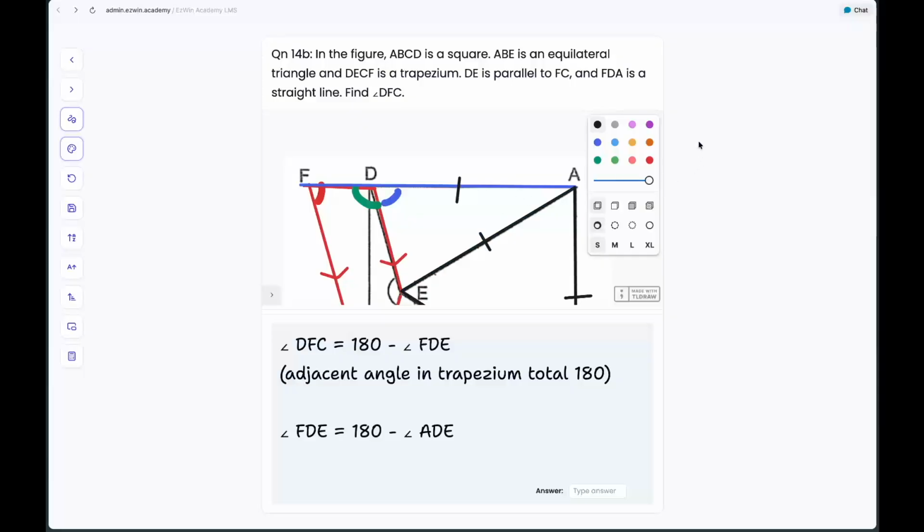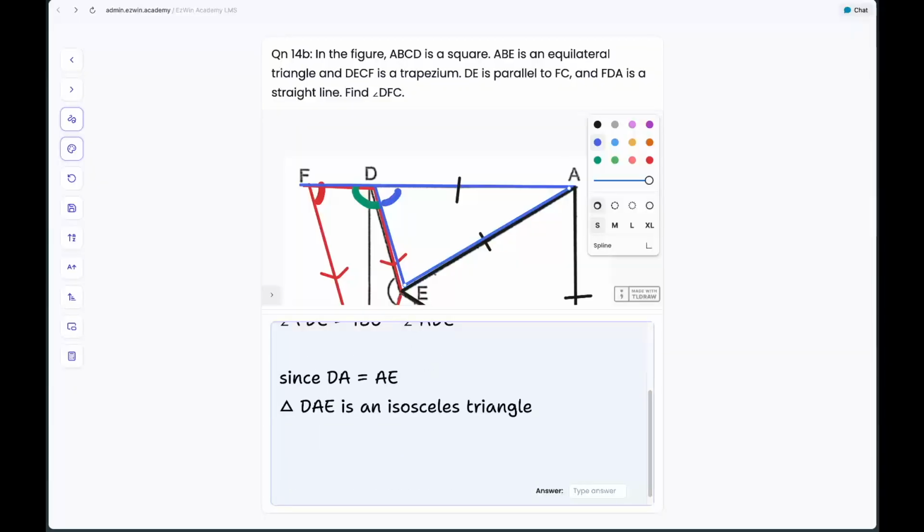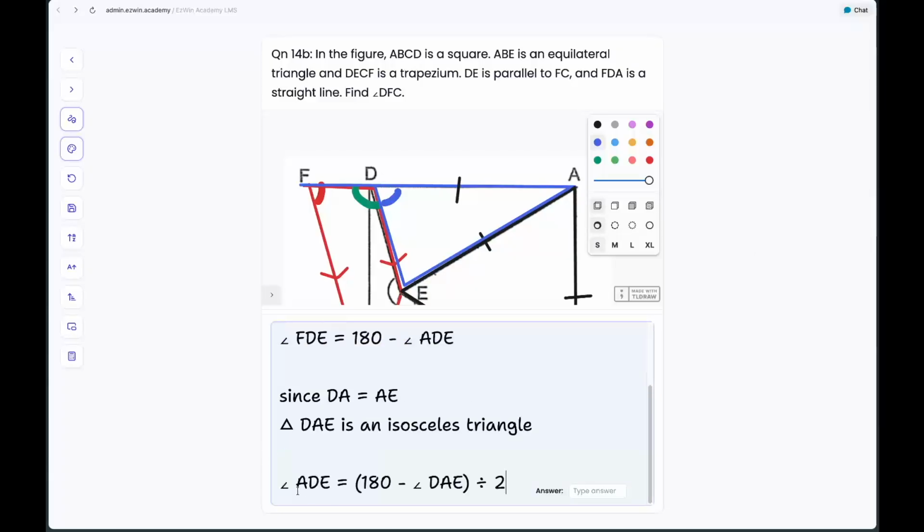If you say that this triangle is an isosceles triangle, then you are right. Since DA is equal to AE, triangle DAE is an isosceles triangle. So to find ADE, we have angle ADE equal to 180 minus angle DAE, and DAE over here is this one, in pink.